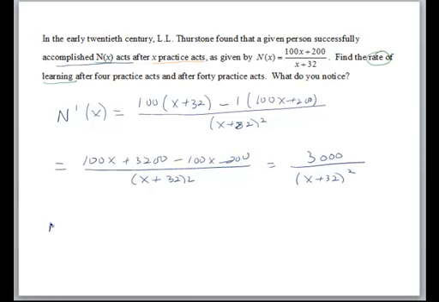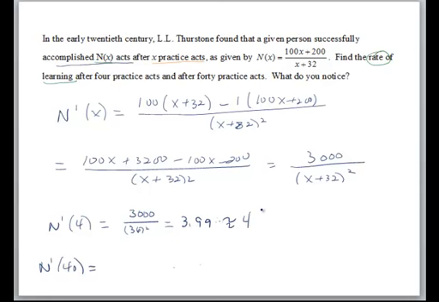Okay, so now I can evaluate my derivative at 4, and I've already worked this out on my calculator, so I've got 3000 all over 36 squared, and evaluating this on my calculator, I got 3.99, a bunch of stuff, so let's go with 4.